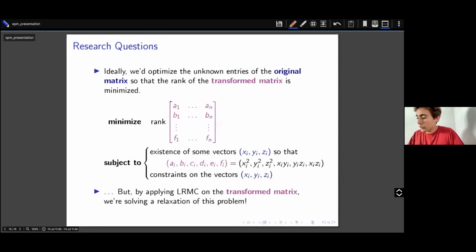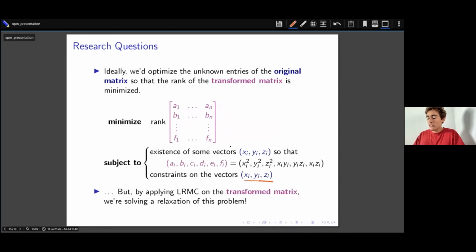So in terms of a minimization problem stated on the transformed matrix, we want to choose these column vectors so that this is minimized, and so that these constraints are satisfied. For every column, we're going to have some blue vector in our original data that maps to this vector under our feature map, and that verifies those coordinate constraints.